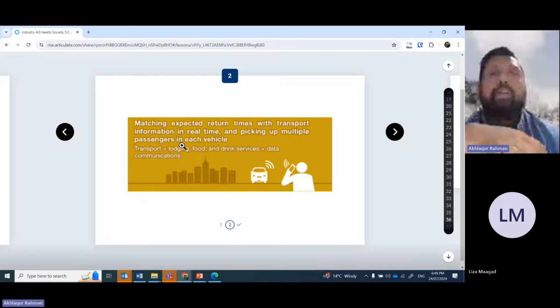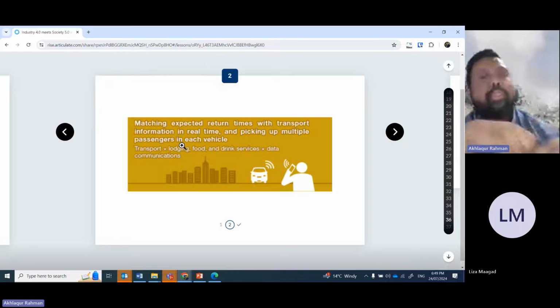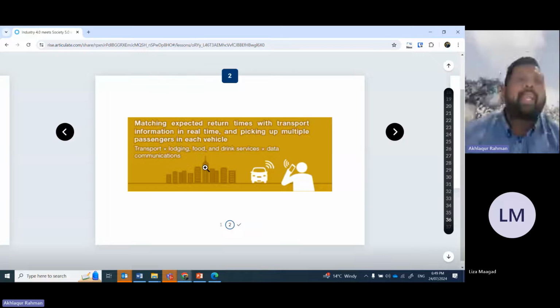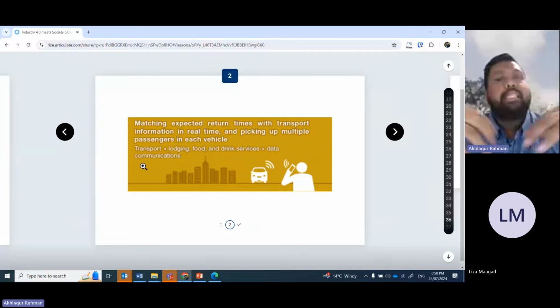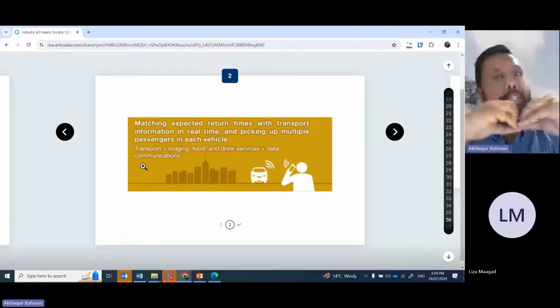Let's say there's some sort of requirement: I want to go from this place to this place, these are my requirements. If you think from that point of view, transport, lodging, food, drink services, and data communication, this is another scenario where all these different technologies need to be integrated together.